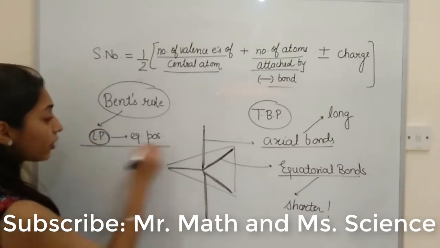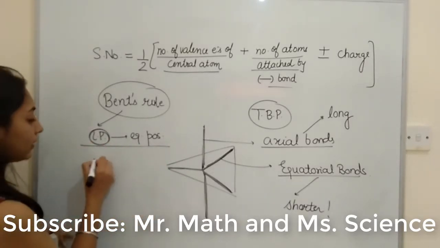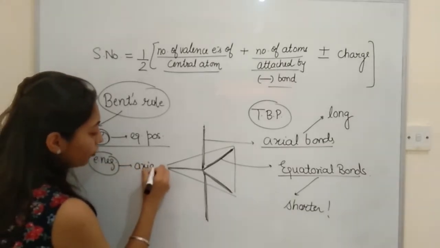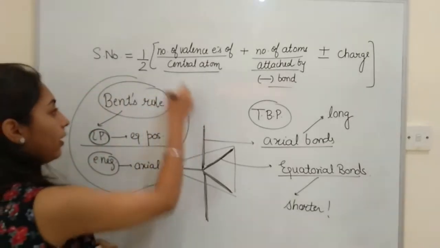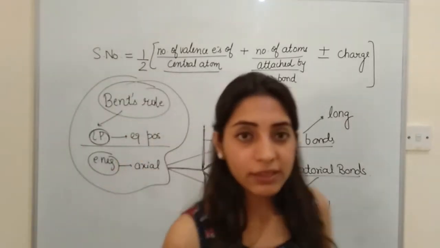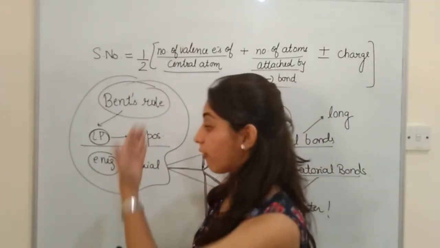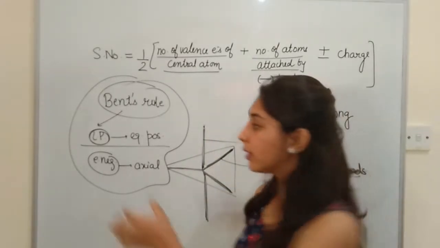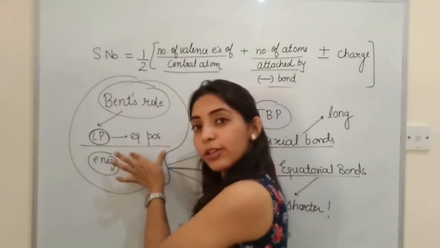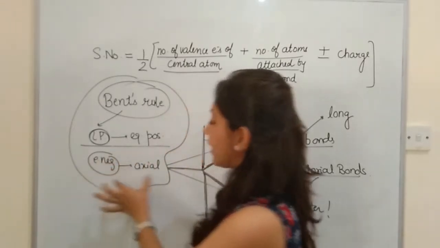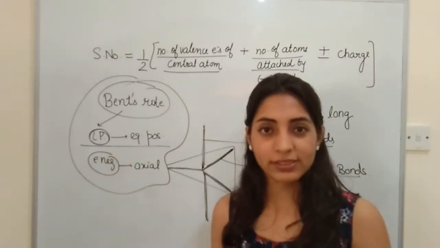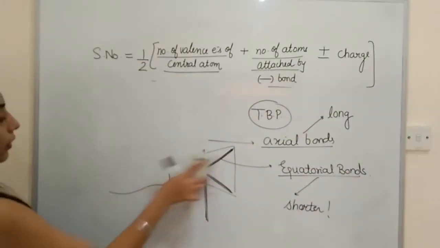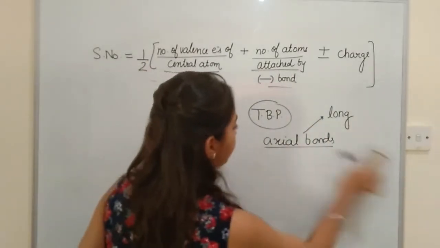And instead of lone pair, if you have, let's say, an electronegative atom, it goes to axial position. Okay, I will be making another video separately for Bent's rule. Why this is happening, I'll explain there. But as a shortcut, you have to remember that the lone pair goes to equatorial position and the electronegative atom goes to axial positions.